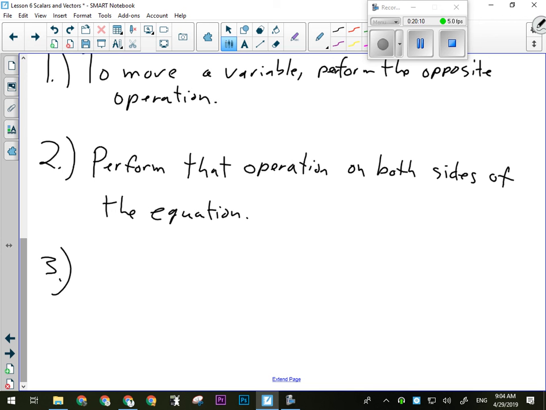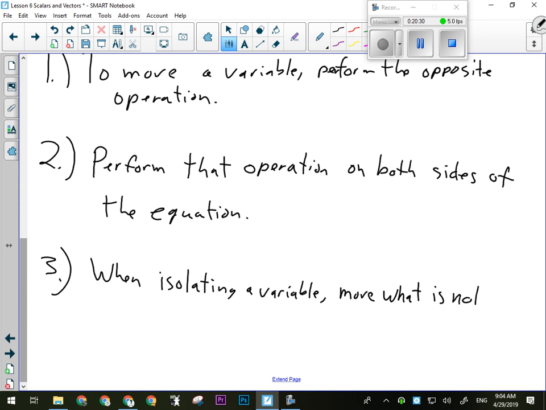And the third golden rule of algebra is, when you're isolating something, move what's not attached first.